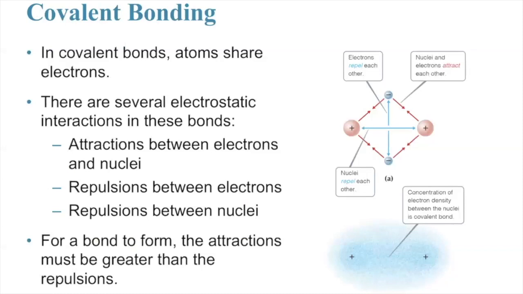So they're going to fall under covalent bonding, which means they are sharing electrons, and there's still some electrostatic attraction between the electrons and the nuclei. There's also repulsion between electrons and repulsion between the nuclei. It's just not going to be as strong as the ionic compound.